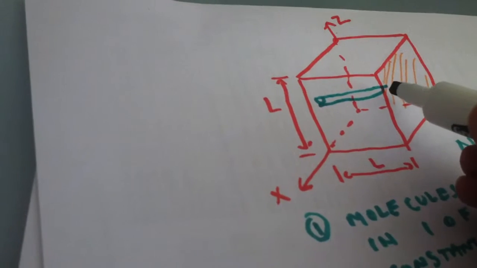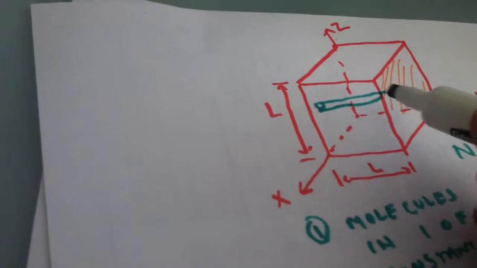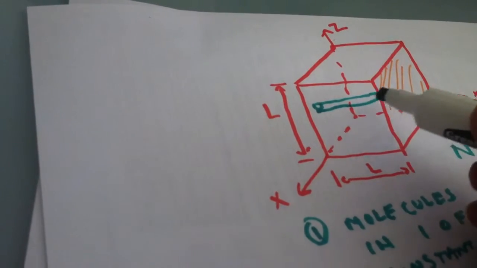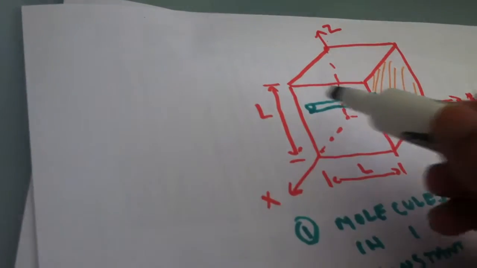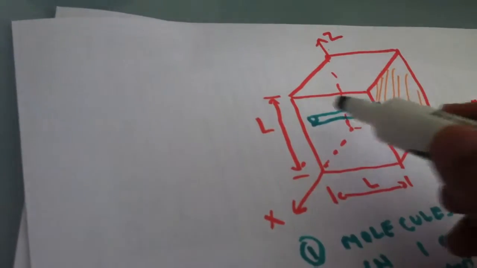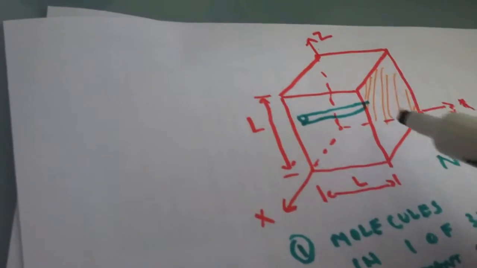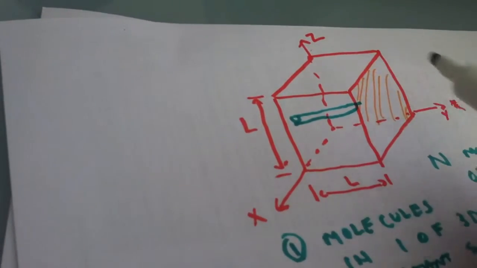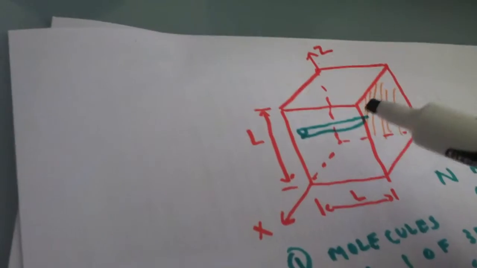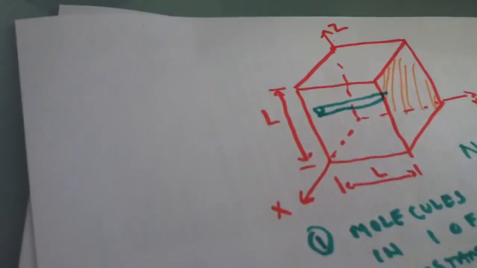And once it rebounds off this face and goes back, its final momentum is negative mv, because it's going in the completely opposite direction from where it came from. So the change of momentum of this one molecule as a result of collision with this right face of the cube is 2mv. Now what is important is the rate of change of momentum.